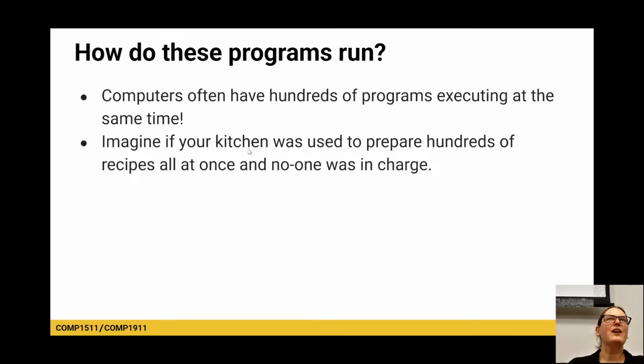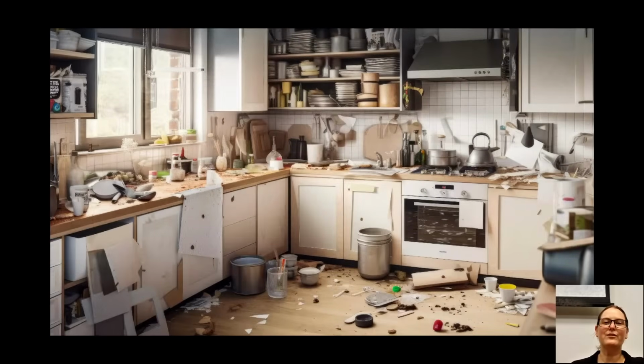You can use the analogy of cooking recipes. If you had lots of people in your kitchen all trying to cook recipes at the same time, what would happen if no one was in charge? It'd be chaotic. You'd have people all wanting the oven at the same time and all wanting the blender, whatever. You'd end up with chaos.